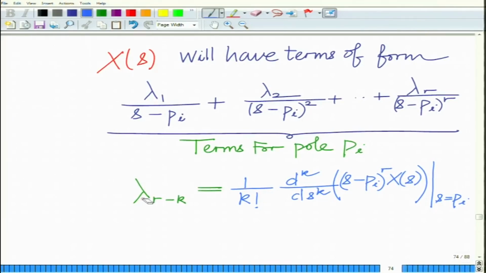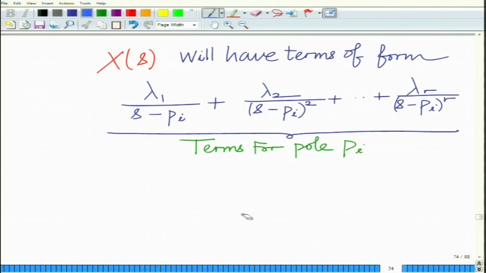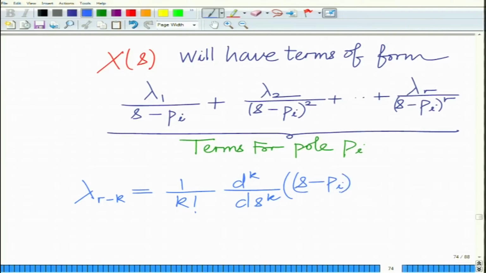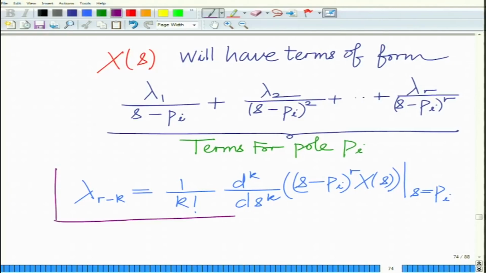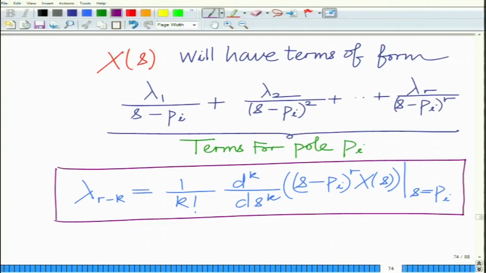Let me write it once again clearly: lambda r minus k equals 1 over k factorial times d^k by ds^k of S minus Pi raised to the power of r times Xs, evaluated at S equal to Pi.